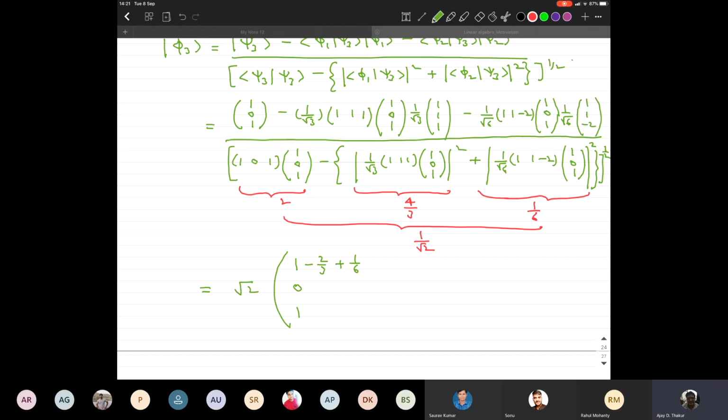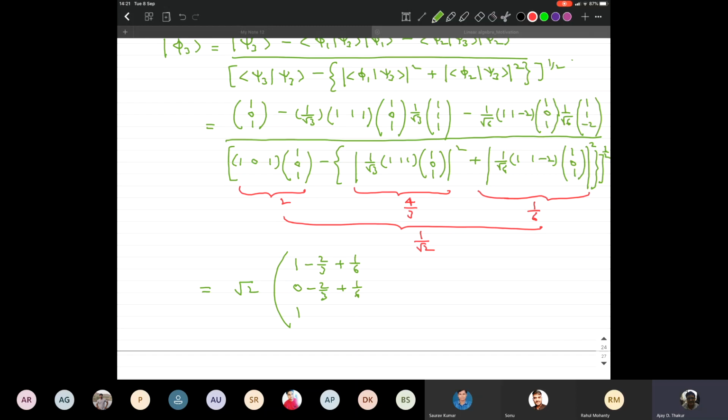The second component is 1 minus, this is going to be 1 plus 1, 2 by 3, so minus 2 by 3, and plus 1 by 6.